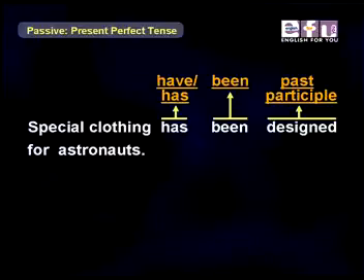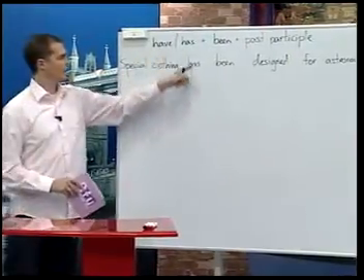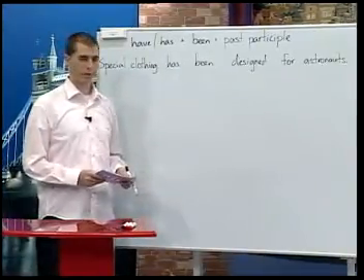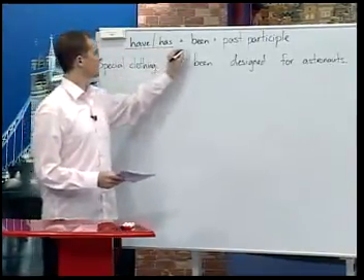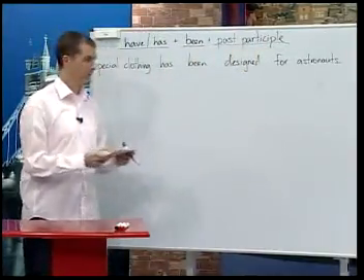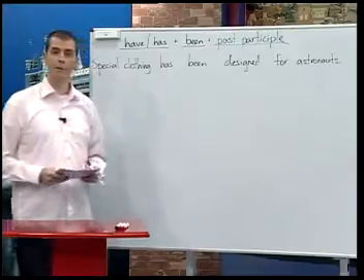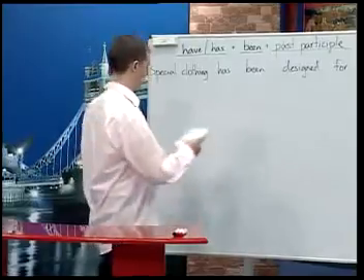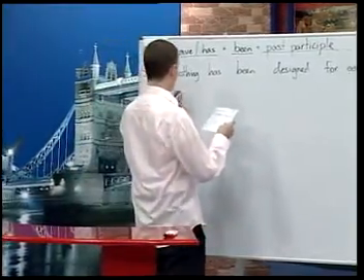Now that has been designed for astronauts. Special clothing has been designed for astronauts. Have and has been past participle. Okay, to form the negative voice of the present perfect tense, we use have or has not.